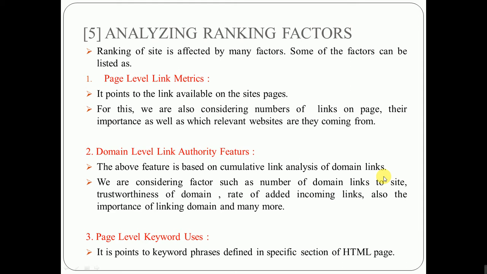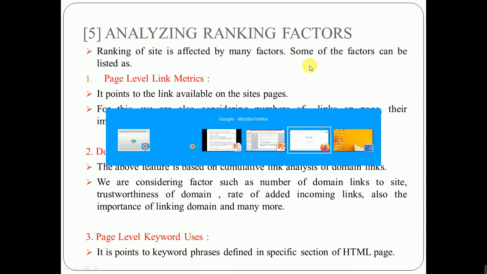Suppose your domain link is good, or your domain name may be a keyword, then it generates a higher ranking. We consider factors such as the number of domain links to a site, trustworthiness of a domain, rate of adding incoming links, the importance of a linking domain, and many more.